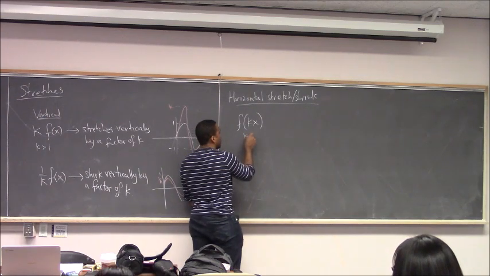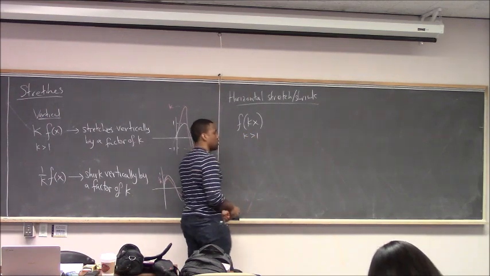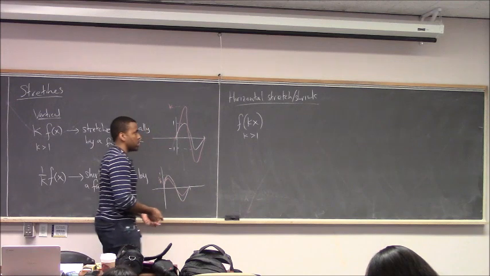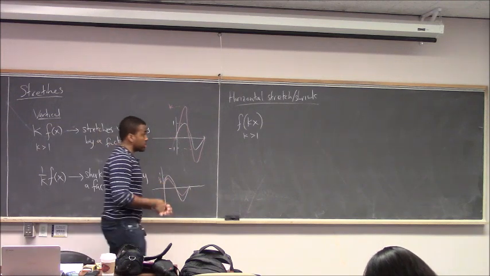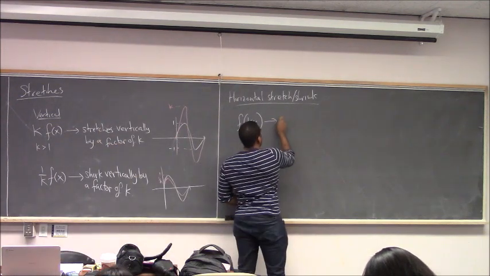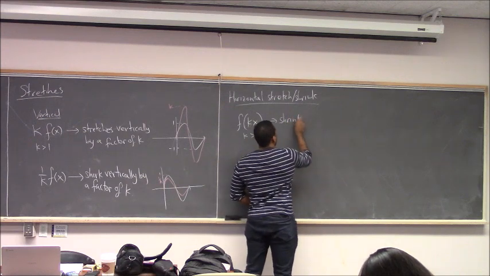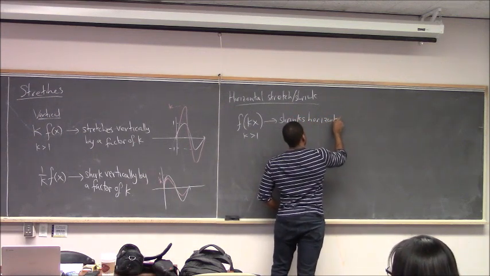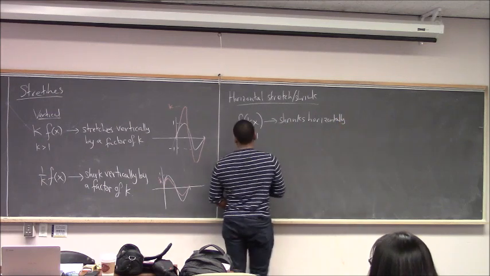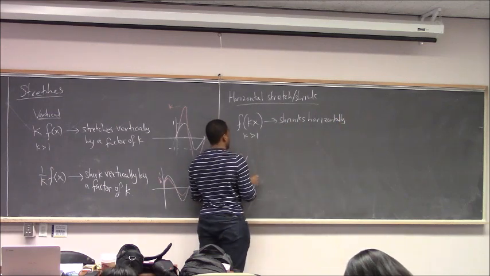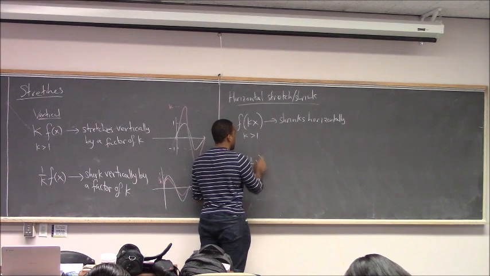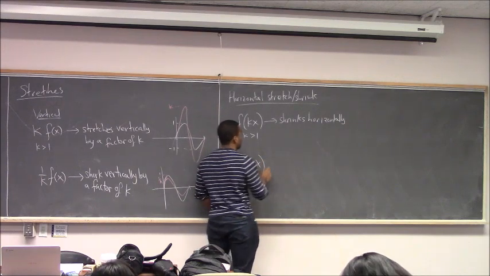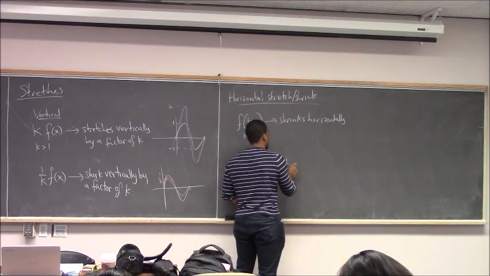So if you multiply all x values by something larger than 1, like you multiply all of them by 3, it actually shrinks, not stretches. And if you divide each x by a number, that actually creates a stretch.